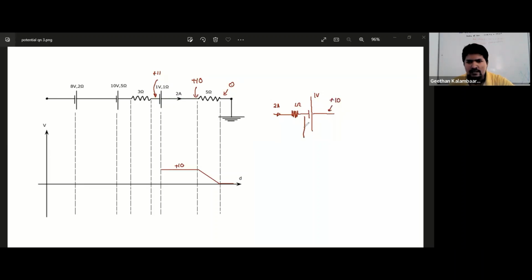When you go to the other side, it's the minus side, so it reduces by 1, so it's plus 9. And when you go through the resistor there is a potential increase, because current goes from higher to lower potentials through a resistor. So it increases by another 2, so it's plus 11. So here it's plus 11, right?